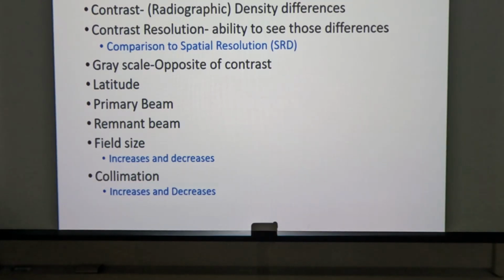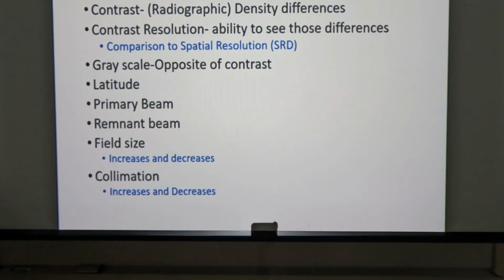The terminology was contrast, density difference, contrast resolution is just that. Again, on test questions, you might look at a question that's asking you about resolution, and the immediate thought in your mind is going to be, is this contrast or is this spatial resolution? Almost always the question will be specific to difference, and one of the answers will be contrast resolution, or the question will reference contrast resolution and the answer will be like difference in densities.